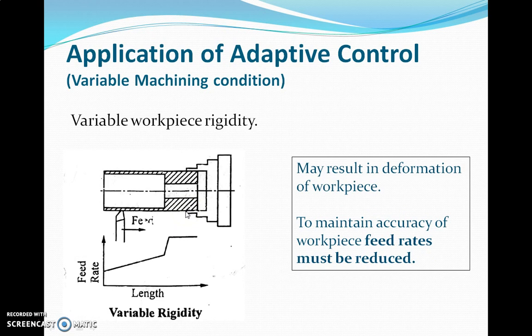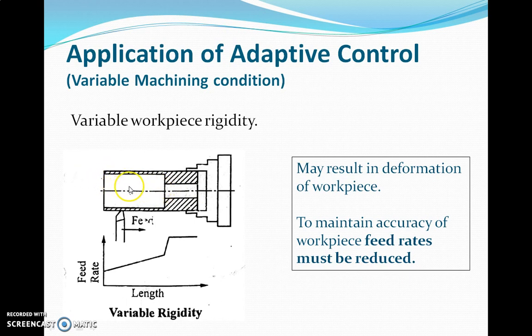The next point is variable workpiece rigidity. As you can see in this figure, this particular cross section has thin sections. The material here is very less, and of course the way it has been mounted is also not very good. But we have to do the machining over here. That means if I do a machining operation over here with a certain amount of force, it might bend the workpiece, right?